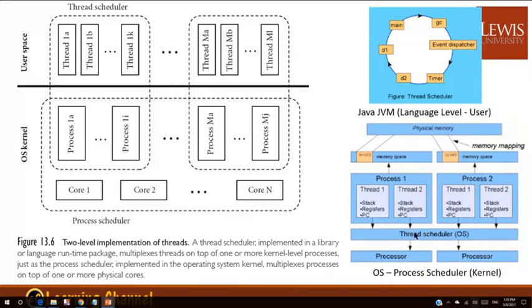And sometimes, if you break down a thread to each process, it can also be called the thread scheduler. So this heavily depends on a one-level implementation of thread, or a two or multiple-level implementation of thread. And that thread scheduler or process scheduler will handle the processes at the OS level.